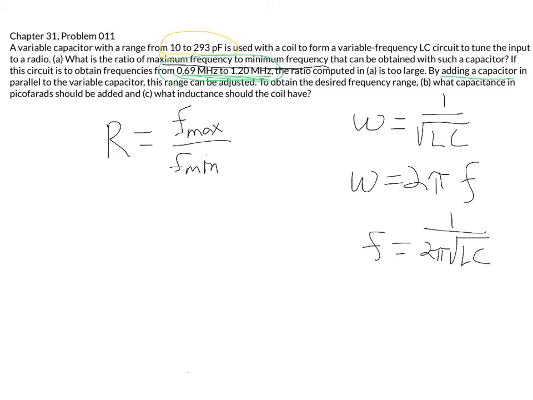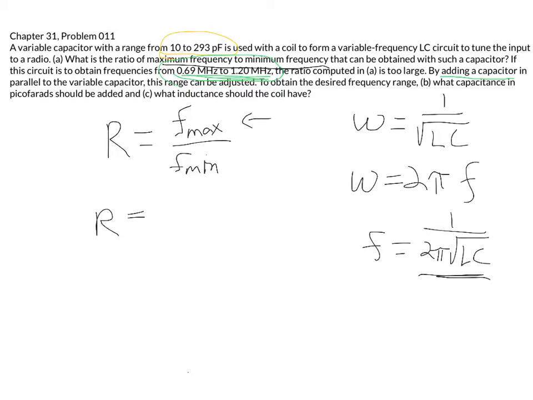So when is our frequency going to be at its max? Since it depends on 1 over this variable capacitor, it's going to be at the maximum when you have the smallest capacitance, and at a minimum when you have the largest capacitance.